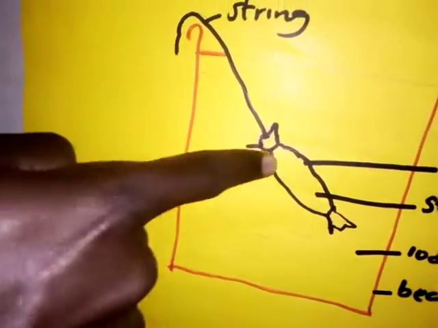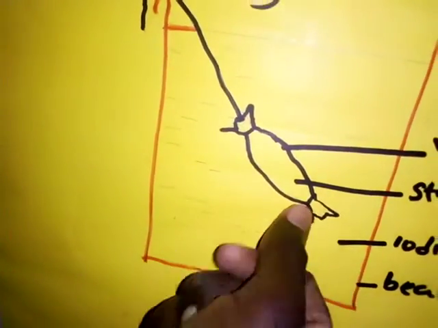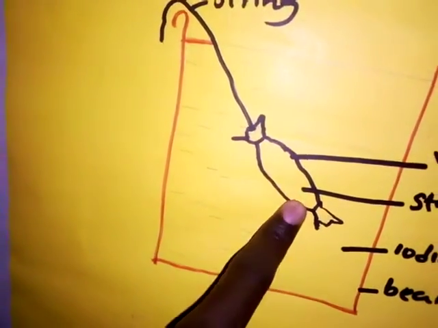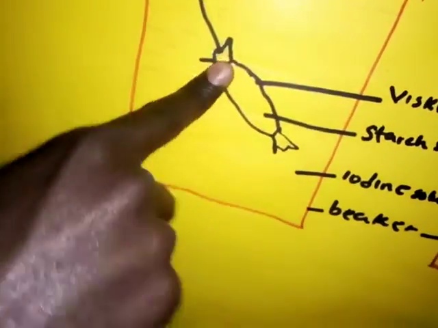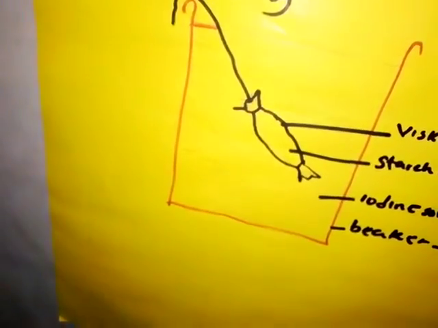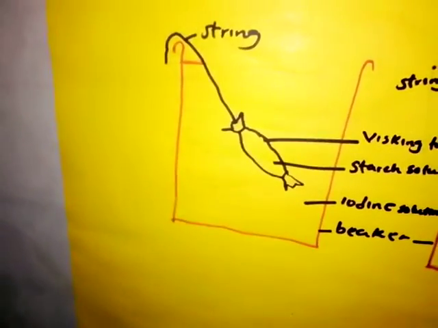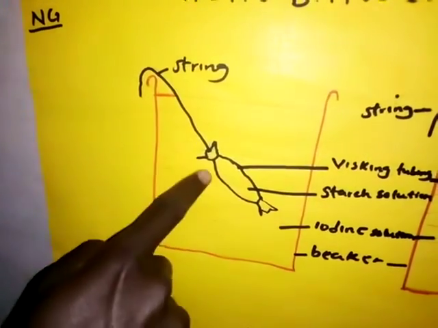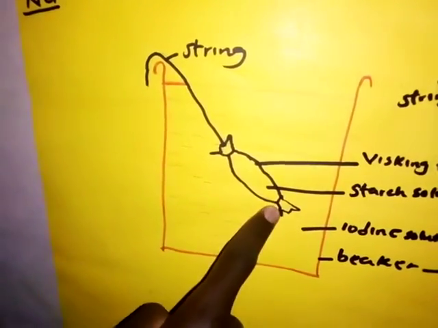Then you ensure that you tied it tightly such that the whisking tubing is not leaking.